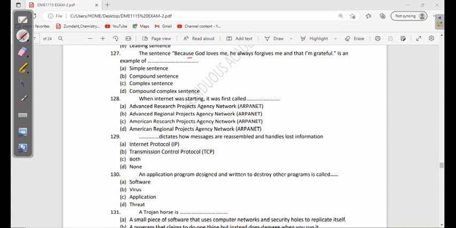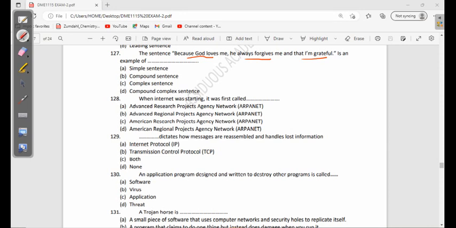"He always forgives me" is a sentence that makes sense on its own. "I am grateful" also makes sense on its own. When we join those two clauses together, we form a compound sentence.